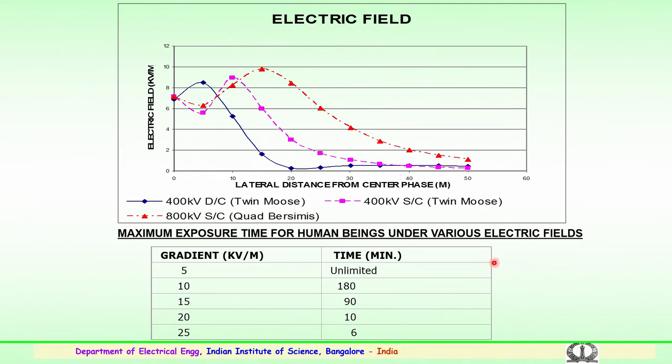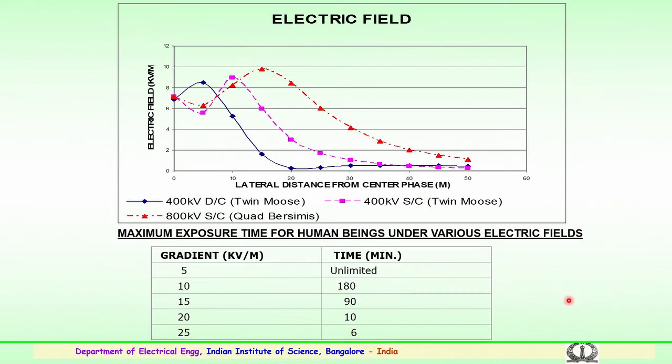The maximum exposure table is very important: the maximum exposure time for human beings under various electric fields, specified by the international committee, with gradients in kV per meter versus time in minutes.